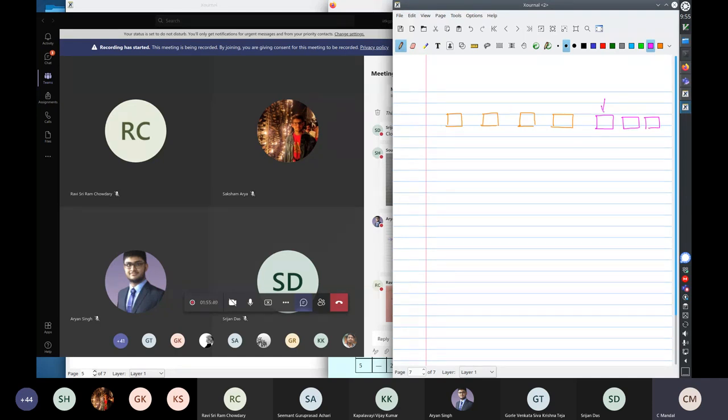So this is parallel load, and then you transfer serially. All right. So these are your input bits.